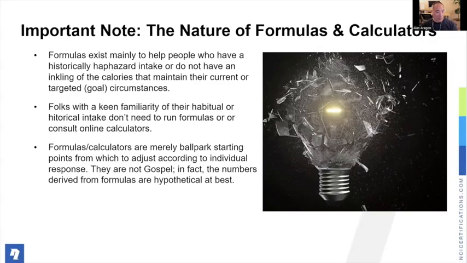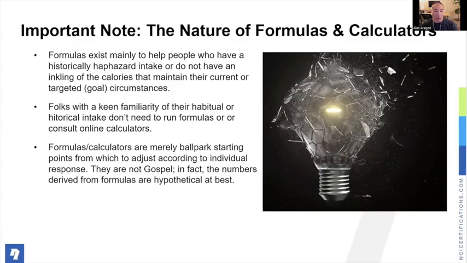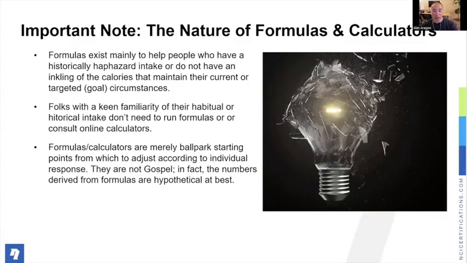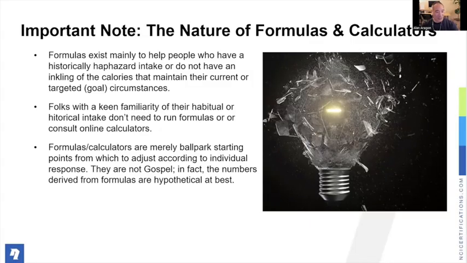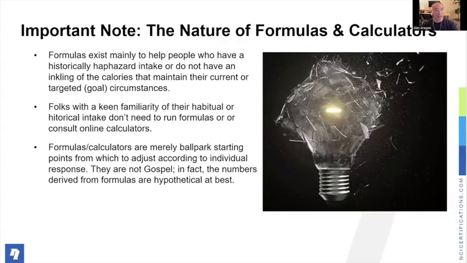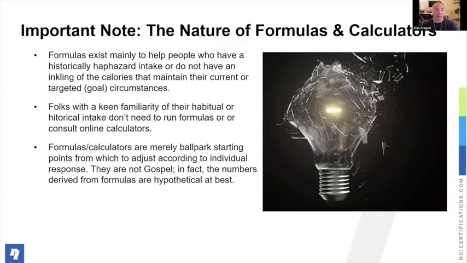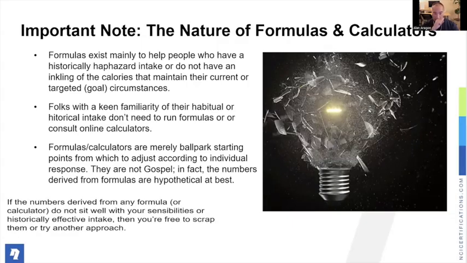So just a note here, formulas and calculators are merely ballpark starting points from which to adjust according to individual response. I call them educated guesses, so they are not gospel. In fact, the numbers derived from formulas or calculators are hypothetical at best.